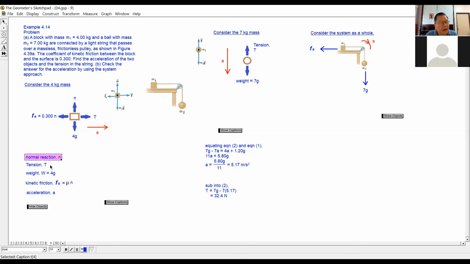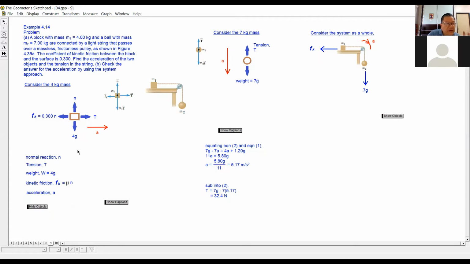The first one, normal reaction, we call it n. The tension in the string or the rope, we call it T. The weight of the object is mg. In this case, it is 4g because the mass is 4 kilogram. Next, the kinetic friction equals mu n, the coefficient of friction multiplied with the normal reaction.